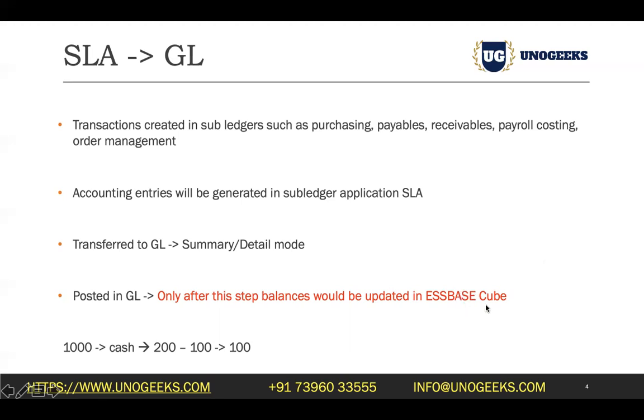That's because when the balances get stored in the SPSQ cube, they get stored from multiple dimensions. Each record, when inserted into the SPSQ cube, would be stored in multiple dimensions. So it becomes much easier for you to pull the balances from the SPSQ cube rather than writing SQL queries and pulling them from GL base tables.